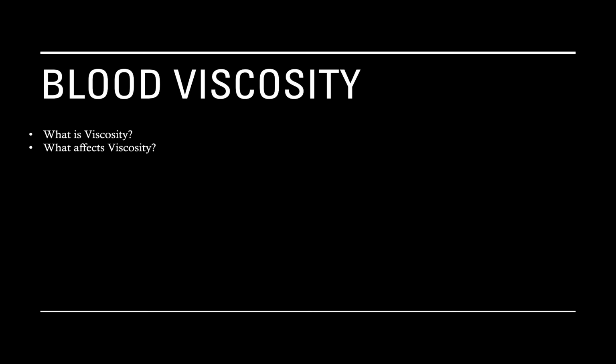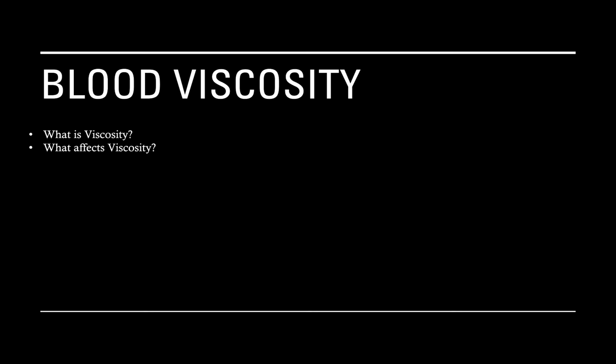So, blood viscosity, what is it? Viscosity refers to the thickness or the stickiness of blood. A few things can affect this. We don't want our blood to be super thick. We want it to be somewhat thin. If you are too dehydrated, there's not enough fluid in the body, and your blood will become thicker.